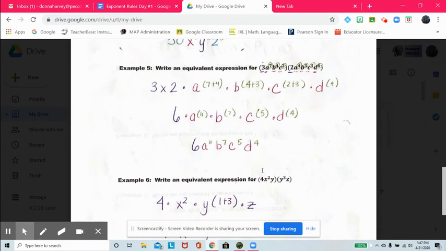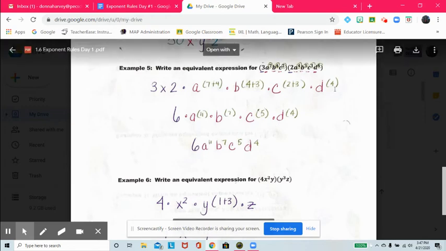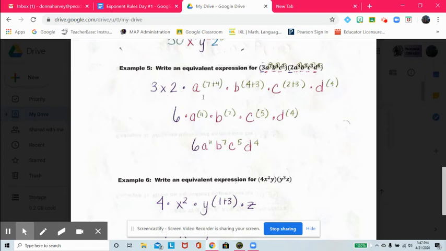All right, let's do 2 more. This one, 3, a to the 7th, b to the 4th, c squared, times 2, a to the 4th, b to the 3rd, c to the 3rd, d to the 4th. Looks long, but it's just piece by piece. What I like to do is separate them just like this. We're going to do 3 times 2. Then I'm going to look at my exponents for a, which are 7 plus 4, for b, which are 4 plus 3, for c, which are 2 plus 3, and then d is all by itself, so it's 4.